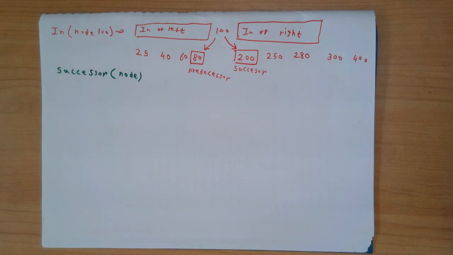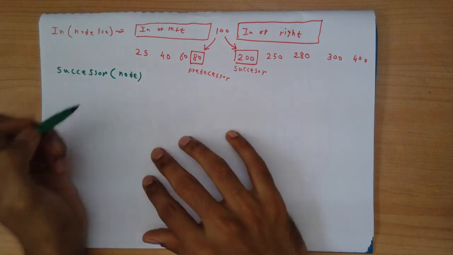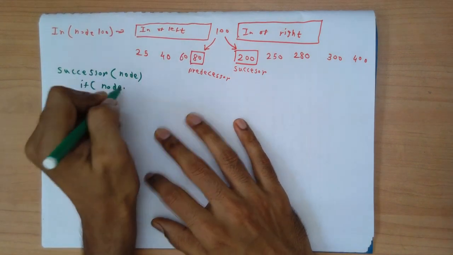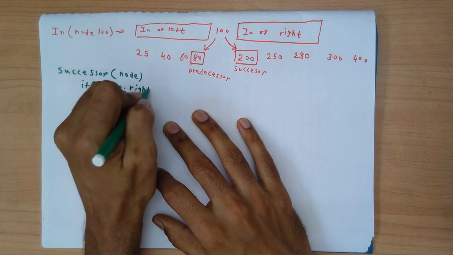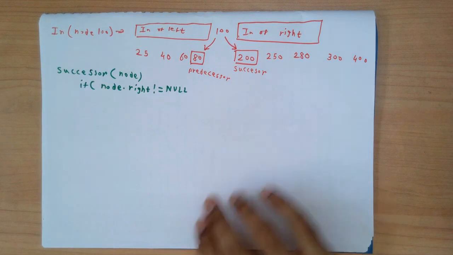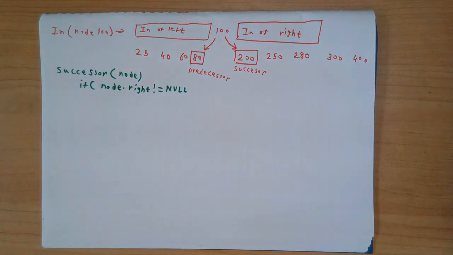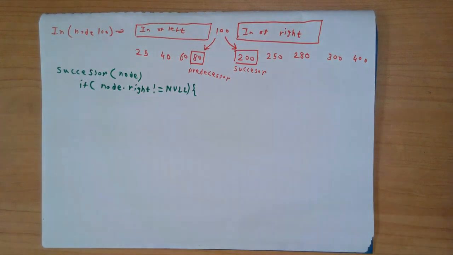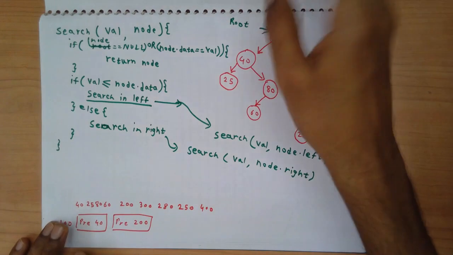Now first assume that there is a right child for this particular node. In that case, what is going to happen? If node.right is not equal to null, my successor is there. But where will my successor be?